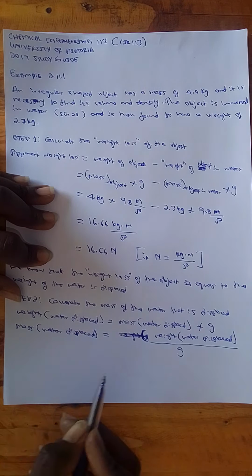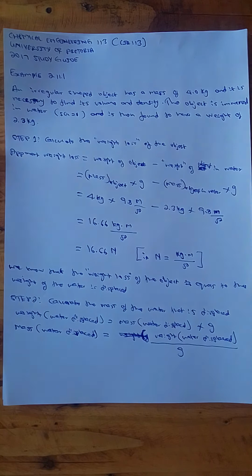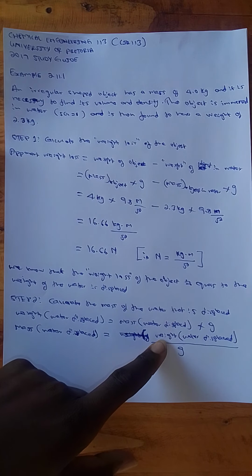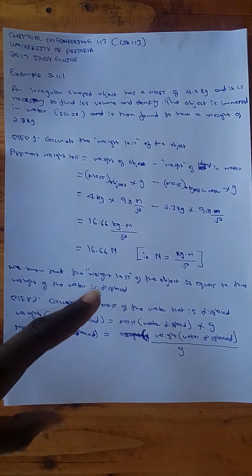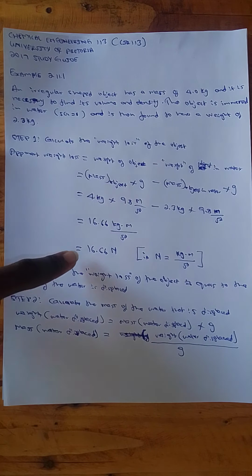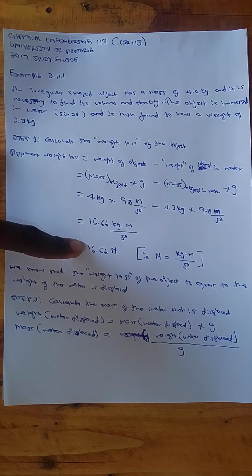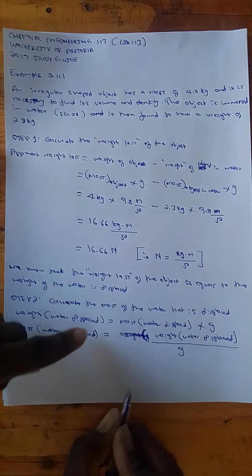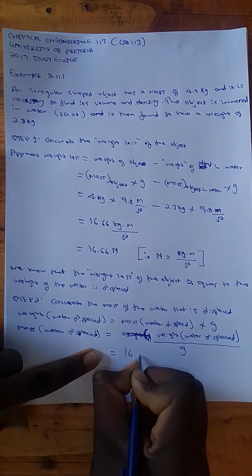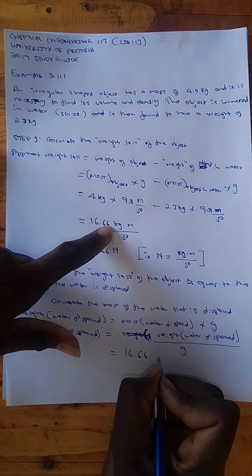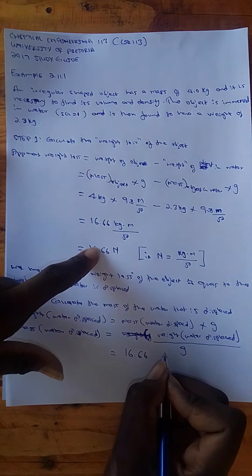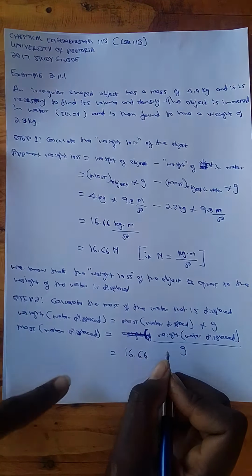I just rearranged this equation so that I can have the mass as the subject of the formula. Now we can plug in our values. Remember, the weight of the water displaced equals the weight loss of the object, which is 16.66 newtons. So we can either use kilograms meters per second squared, or newtons. Allow me to use this one because I'm going to divide with g.